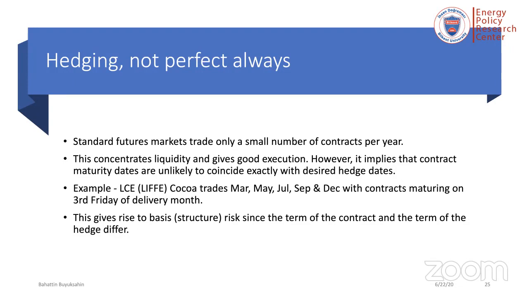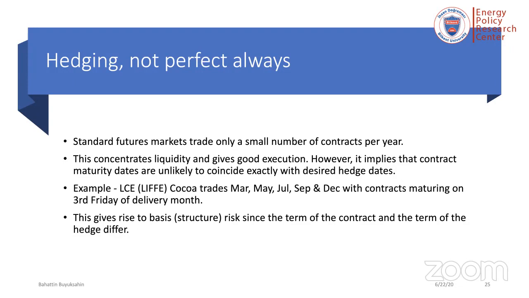Basically, up until now, we assume that hedgers can completely eliminate risk by taking a future position opposite to their cash position. However, in reality, it is difficult to eliminate all risks. In order to eliminate all risks associated with the cash position, the hedger must know the precise dates in the future when an asset would be bought or sold.